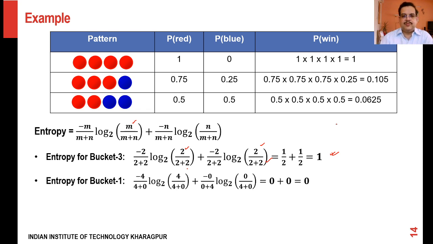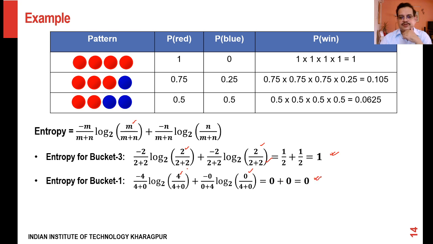Whereas if you look at bucket 1, then m stands for the number of red balls, so I have 4 divided by 4 plus 0. The number of blue balls is 0, so this term becomes 0, and this term also becomes 0 because it is log of 1. So I get 0 plus 0, which is 0.